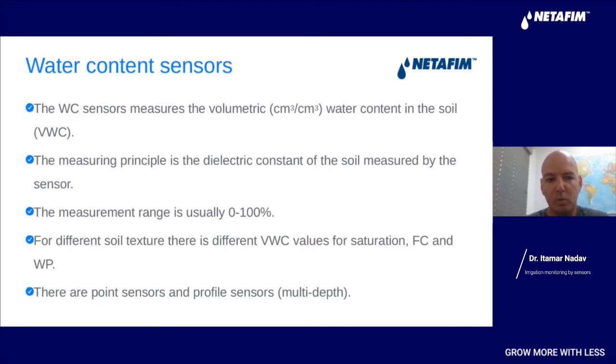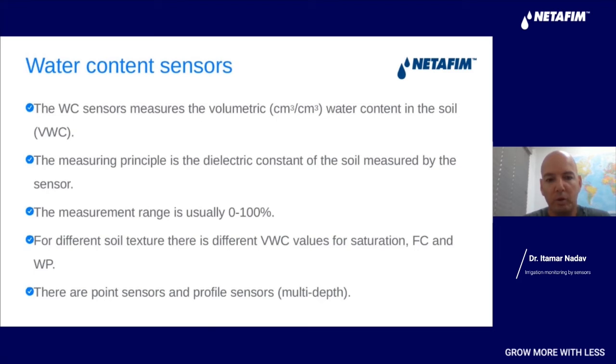The other type of soil water content sensor is the water content sensor. So the water content sensors measure the volumetric water content in the soils. The measuring principle is the dielectric constant that the soil has, being measured by the sensors. The measurement range is usually between 0, which is totally dry soil, and 100, which is totally saturated soil.